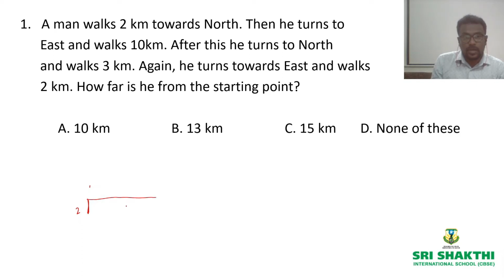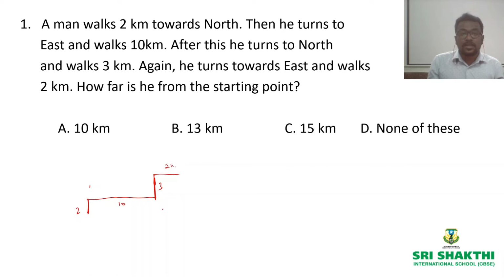So he is walking 10 kilometers east. After this, he turns to north again and walks 3 kilometers. So here we are drawing 3 kilometers. Again, he turns towards east, which is again the right direction, and walks 2 kilometers. So this is 2 kilometers.